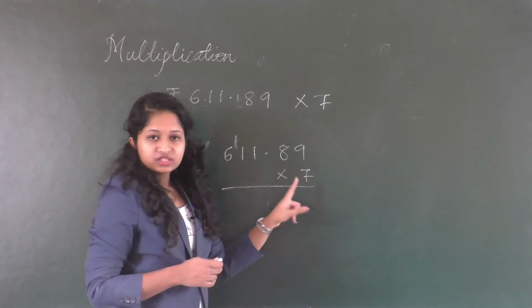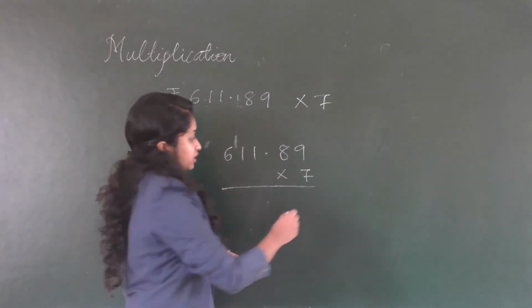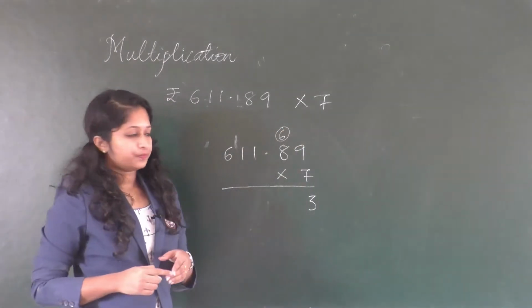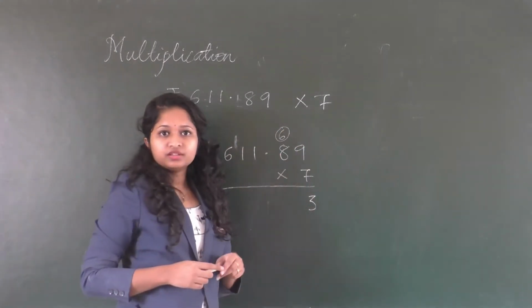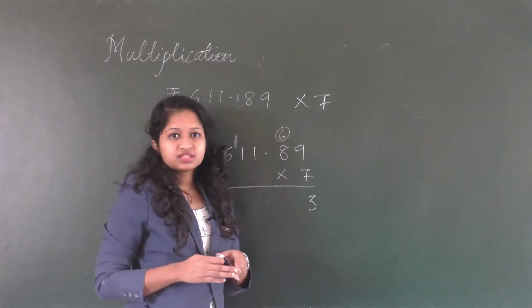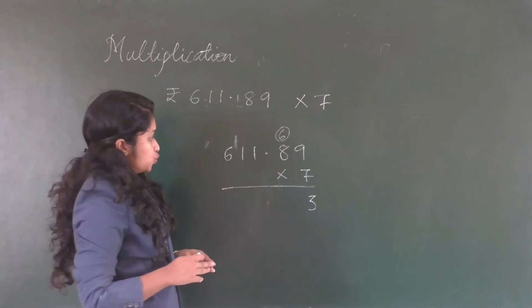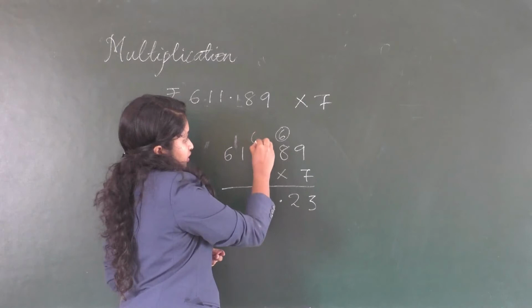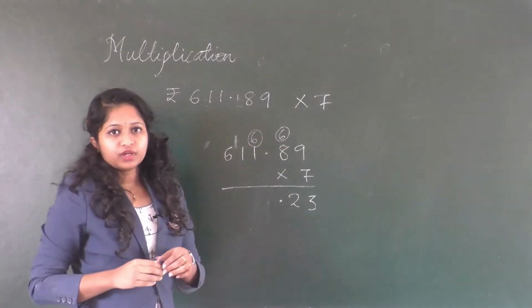So 9 into 7 is 63. Write 3 here and 6 as carry. Now 7 8s are 56. 56 plus 6 is 62. So write 2 here, put the point and write 6 above.